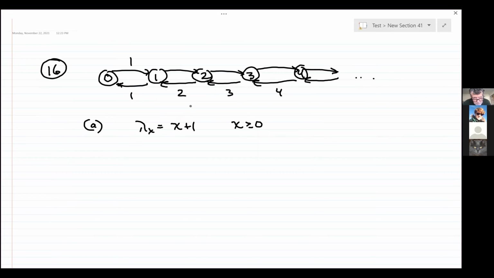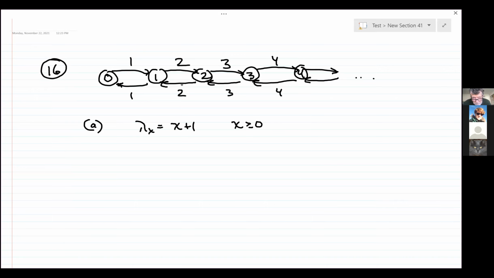When x is 1, lambda 1 would be 2. Is that correct? I think so. When x is 2, lambda 2 would be 3.